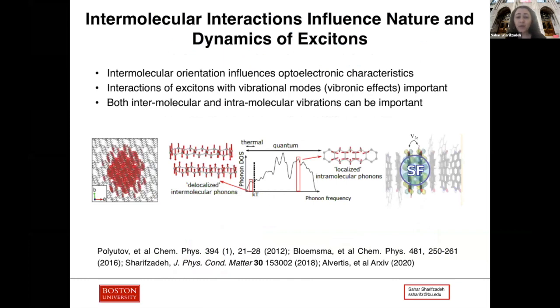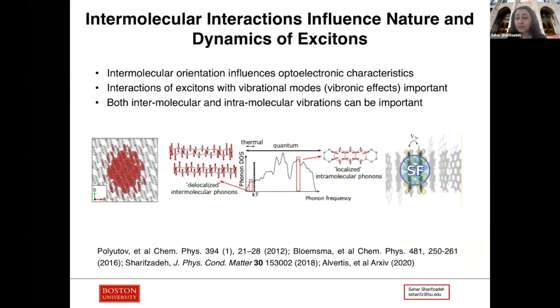So we know that in systems where the molecules are stacked in an ordered way, whether it's in the bulk or in arrays, there's going to be a significant influence of intermolecular orientation and interaction on the optoelectronic characteristics.